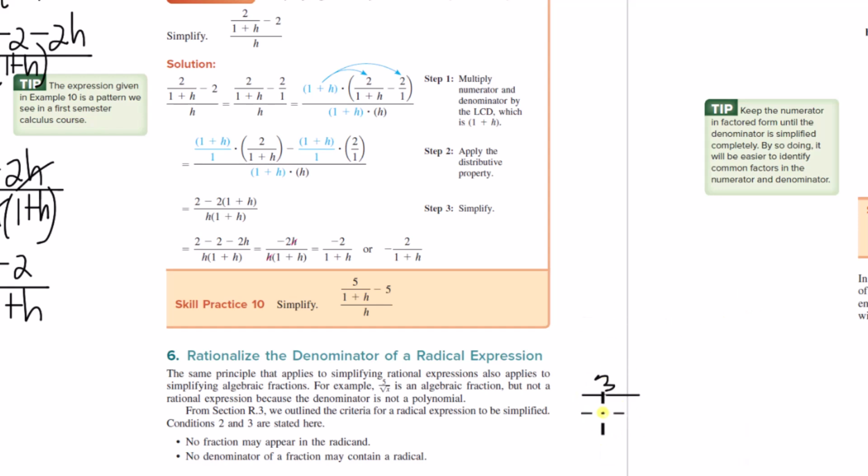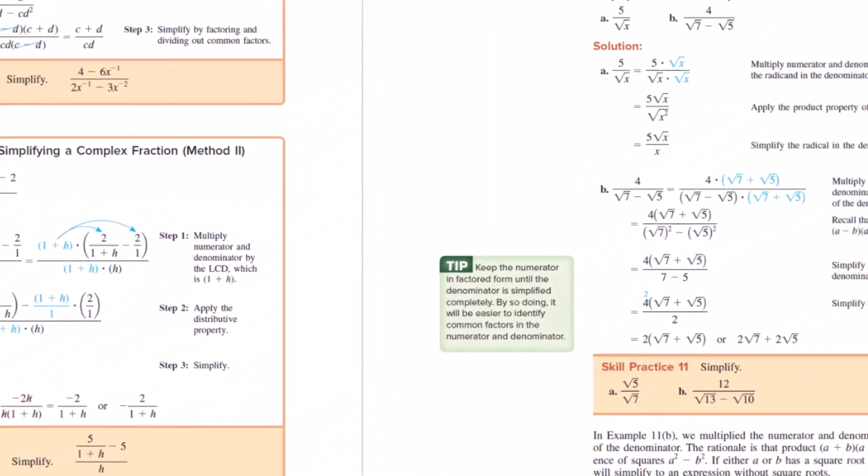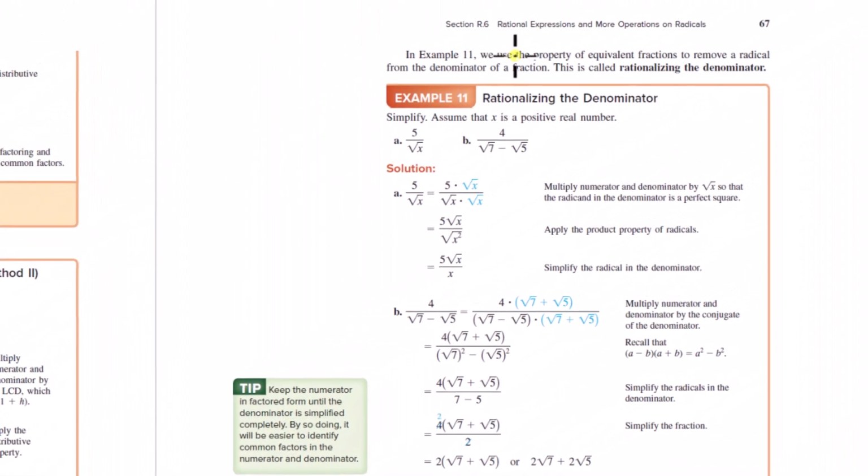It's not wrong, but to consider it simplified, you can't have this. Okay, so in this example here, we use the property of equivalent fractions to remove a radical from the denominator of a fraction. This is called rationalizing the denominator.